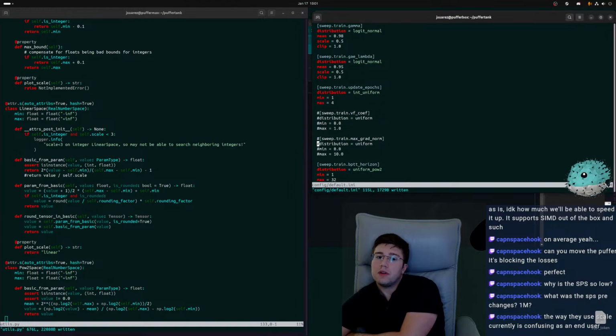Actually, let's go even simpler. Let's say that we have a uniform parameter. There's a min, a max, and a mean. The mean is not exactly between the min and the max. So that means we want to sample around the mean, and we want to get values from the min to the max.